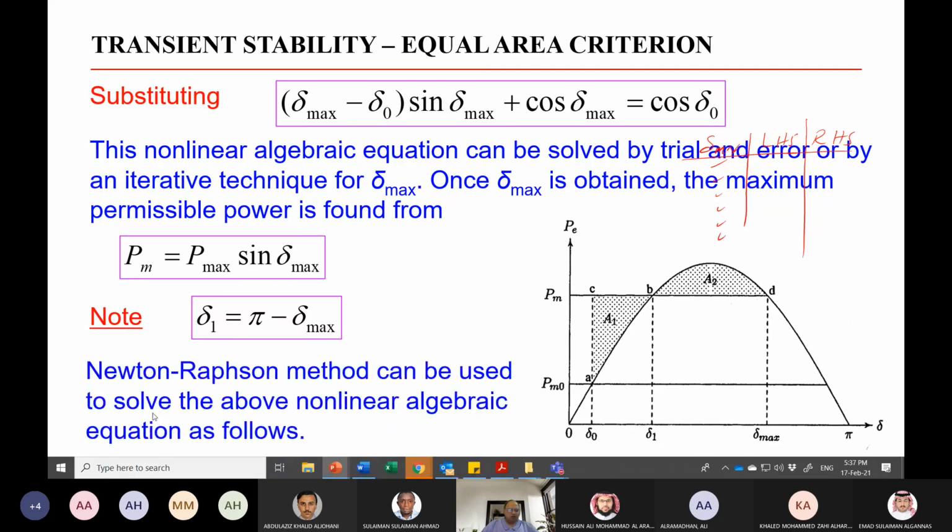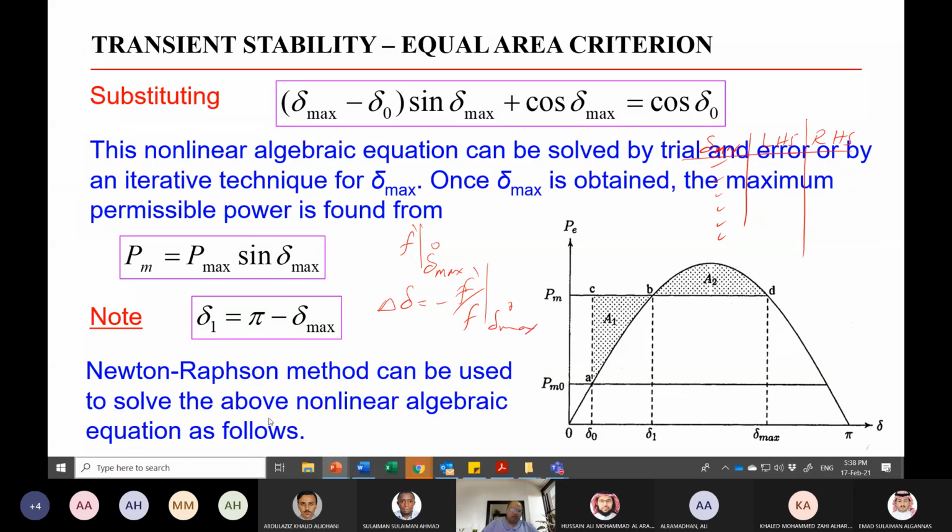The Newton-Raphson method can also be used to solve the nonlinear algebraic equations, as follows. In Newton-Raphson, you start with an initial value, then you calculate the derivative at the initial guess, delta max 0, and then you get delta equal to delta max 0 minus f over f prime calculated at delta max 0, and so on.